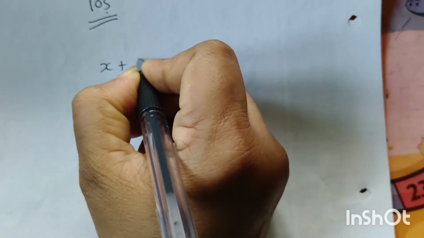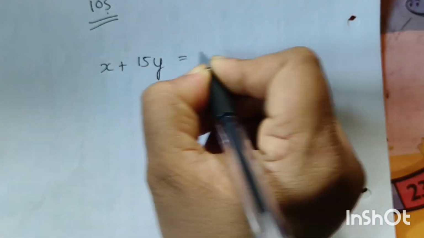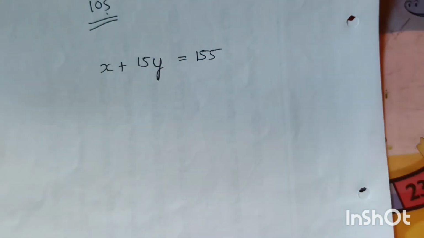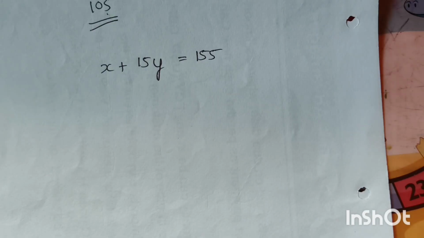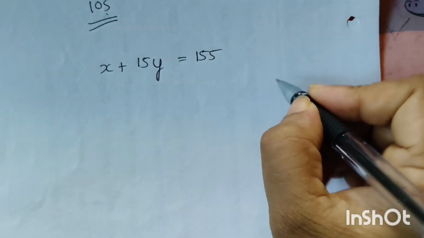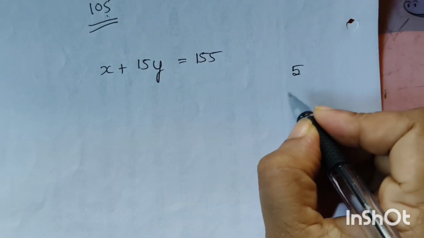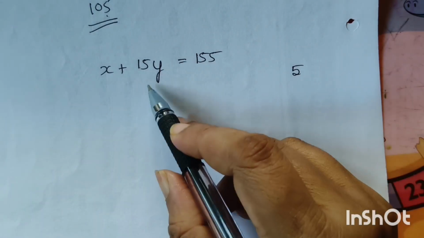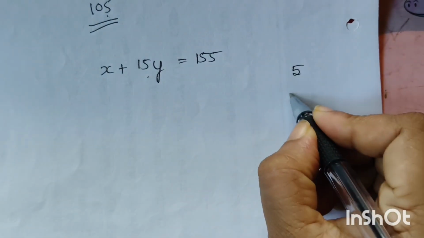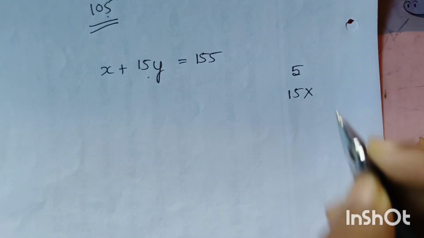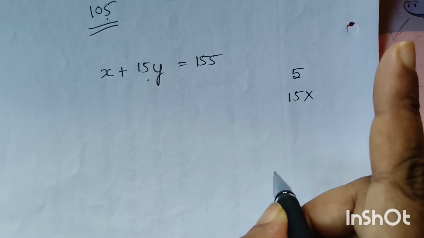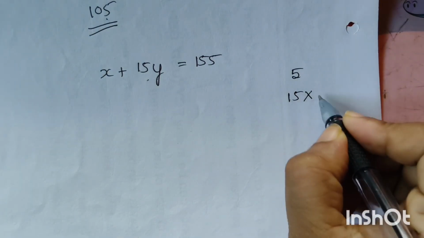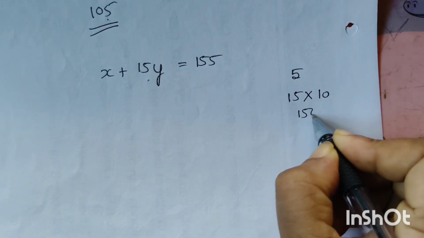See here, x plus 15y is equal to 155. He has to pay a fixed price of 5 rupees. But how many kilometers will he travel? 15 kilometers. That is 15. For 1 kilometer 10 rupees, right? Then for 15 kilometers, how much? 150 rupees.